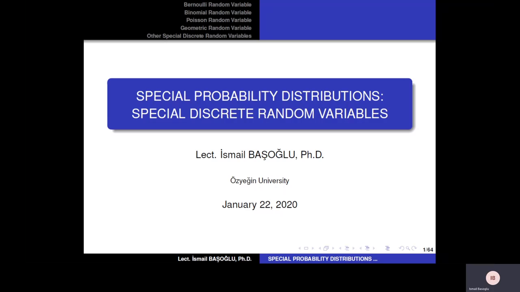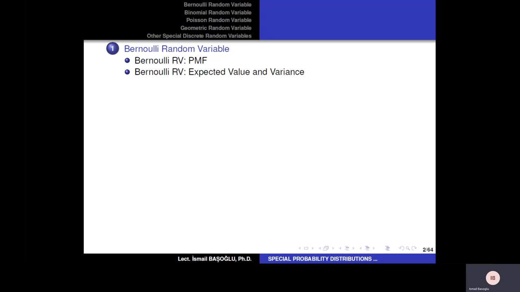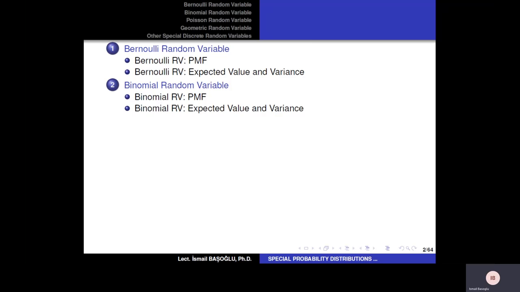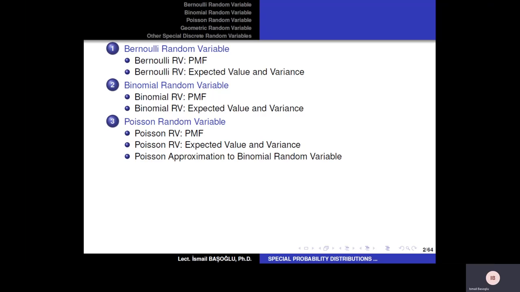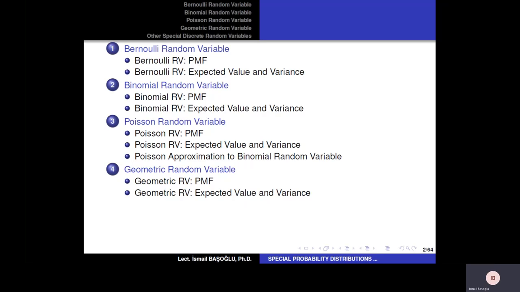Today, we are going to learn about some special discrete random variables which can be used to model real-life probability questions. The first of these special discrete random variables is the Bernoulli random variable. It is the simplest of these discrete random variables, and it is going to provide us a basis for learning the other discrete random variables, such as the binomial random variable, Poisson random variable, and the geometric random variable.